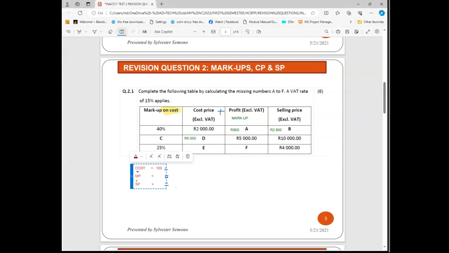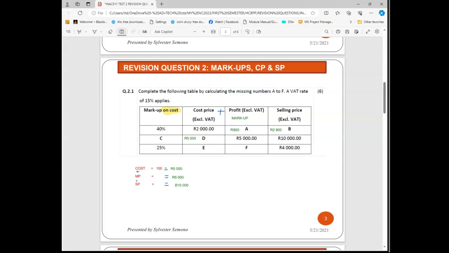But we can use the amount already, because the amount there for cost is 5,000. You agree? Yes. And then we have markup of how much? 5,000. Selling price is how much? Selling price is 10,000. Yes, we have that. So we can use this information to find this information. Can you see now? Yes. See how easy this is?